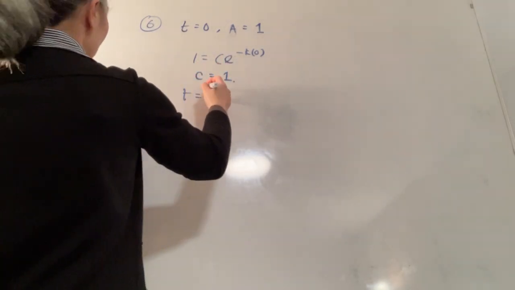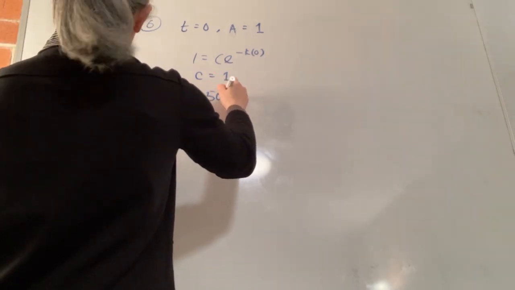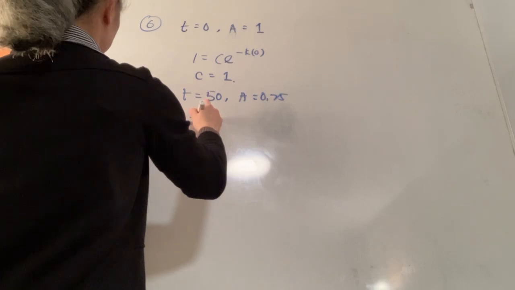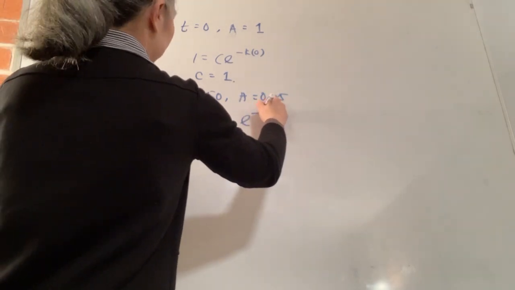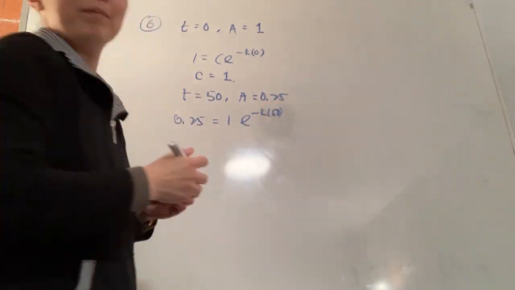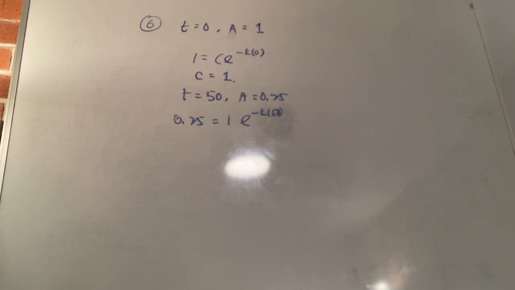When t equal to 50 and your A is 0.25. Something's wrong, I think I got it wrong. Oh wait. Okay, find the amount of years. You found the k? I found the k.